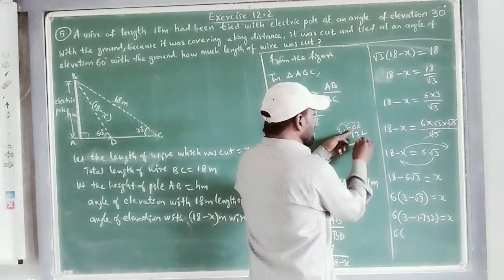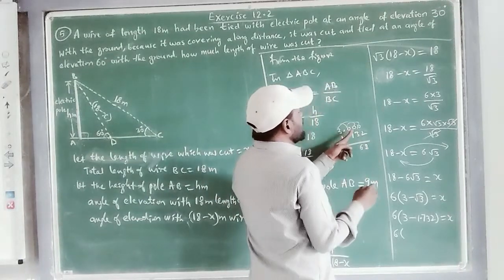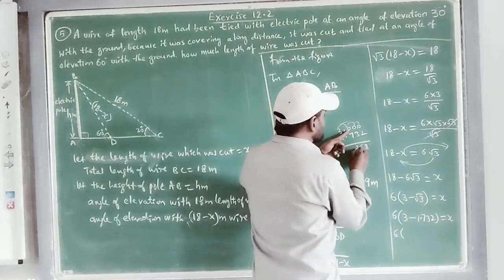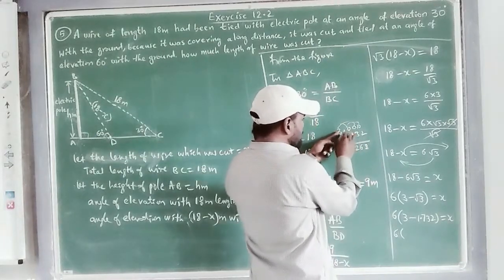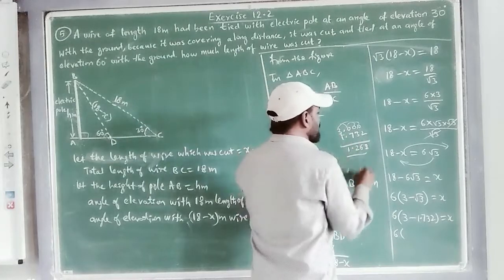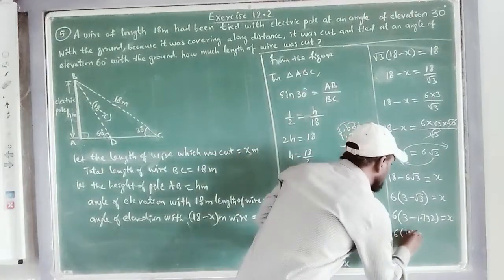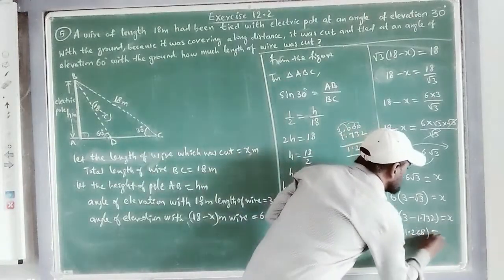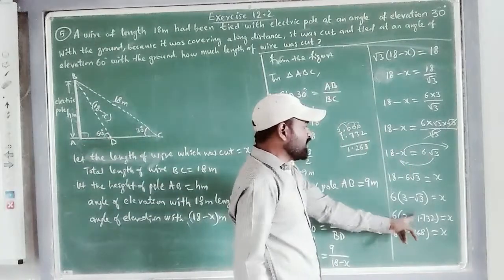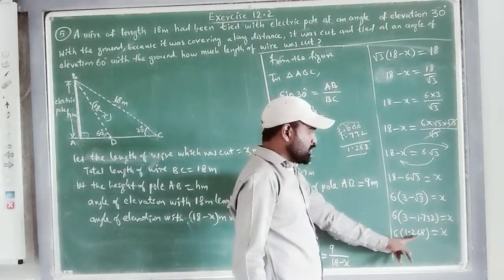Here 9 will be remaining, 9 minus 3 is 6. Here again it will be 9, 9 minus 7 is 2. Here 1 we have given as borrow, so 2 minus 1 is 1. 1.268. So when we subtract this root 3 value from 3, we got 1.268.